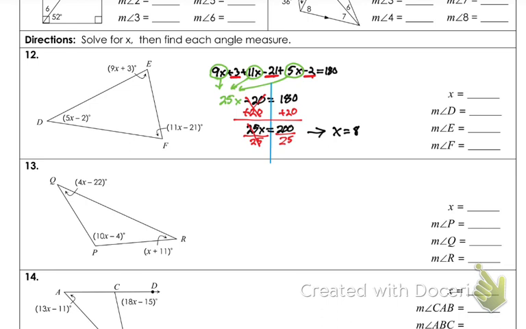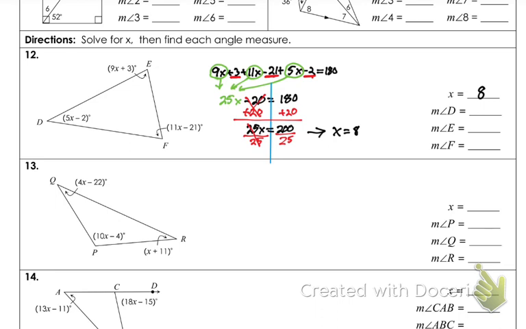Now, I was pretty nice on these problems. I try to set it up like this so you know you didn't finish the problem, because I said I need x, d, e, and f. So now we know x equals 8. How do I find the angles then? You find the angles by plugging in your x value for each one of the angles. Remember, all a variable is just something.